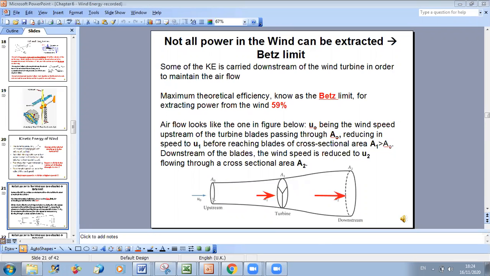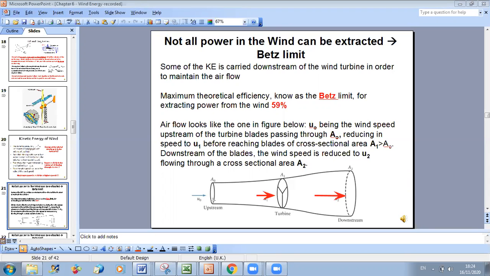So it's circulating over the turbine blade, and because you need a proportion of it to get out, you need to lose some kinetic energy that is carried downstream of the wind turbine in order to maintain flow motion. Due to this effect, it's not possible to use the whole energy provided by the flow moving through the turbine.